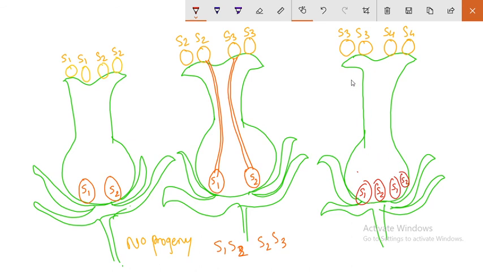So this S1 is produced with pollen from this. Then this S3 is also produced from this S2, and this S3 also. Then the S4 and S1 is also produced.